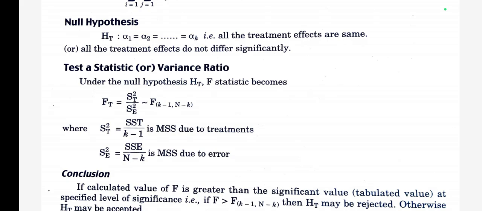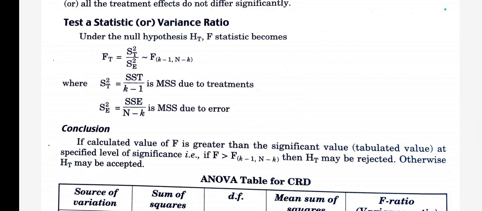The test statistic is F = SST mean square divided by SSE mean square, the mean sum of squares values, with degrees of freedom k minus 1 and n minus k. Conclusion: if the calculated value of F is greater than the table value, then we reject the null hypothesis; otherwise we accept the null hypothesis.